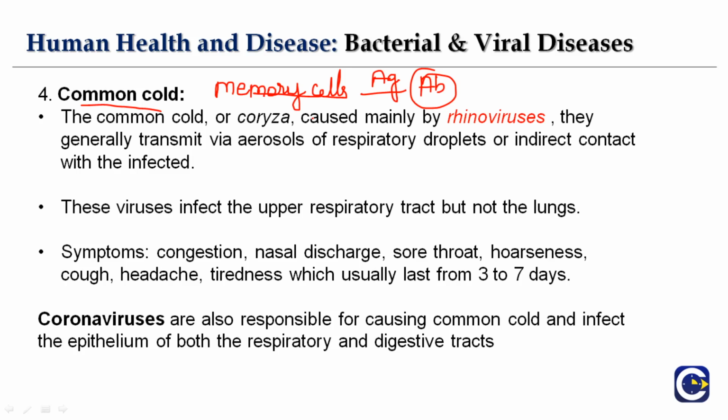It's eliminated again. But when you say common cold, there are several serotypes, and that is why every time you get a common cold, the body has to start from A to Z. It has to identify which serotype it is.